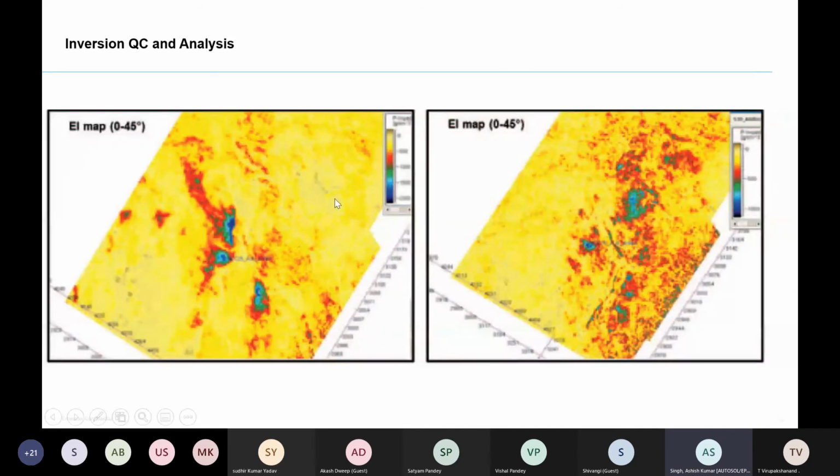Second, if you know your reservoir, you extract your amplitude at that reservoir horizon, and that reservoir extension should match. If it is not matching, again we have to look at the parameters. There are two reservoirs, suppose number 1 and number 2. Both are coming, so it means your inversion is fairly good.